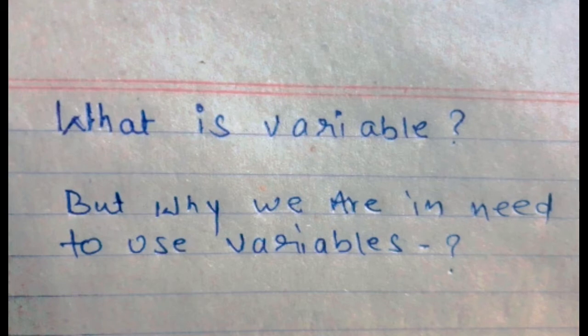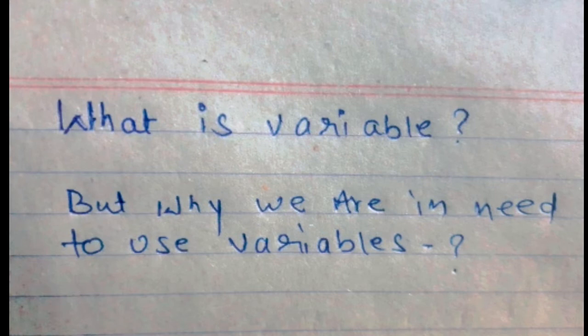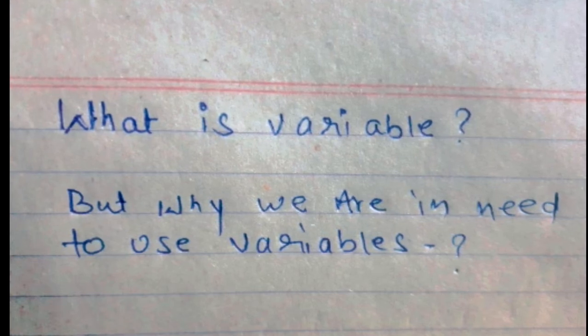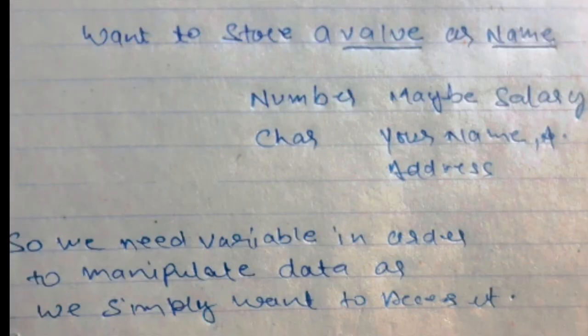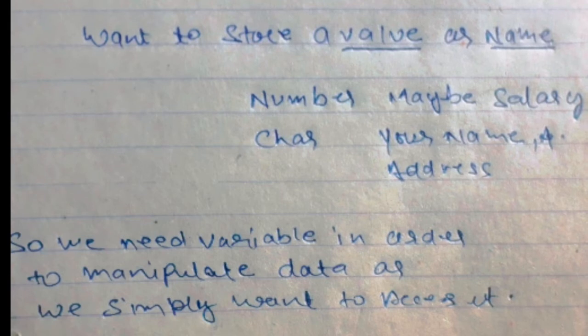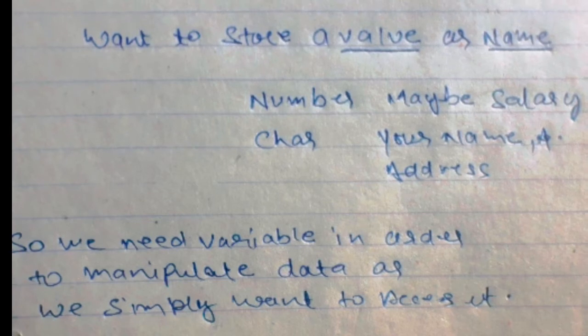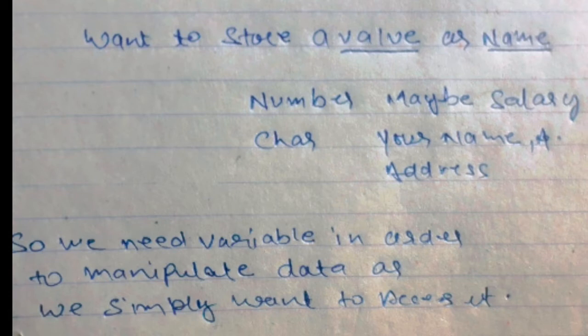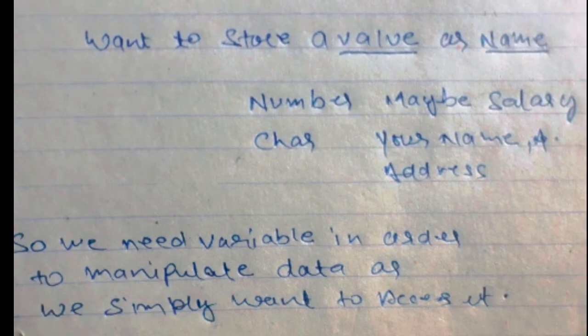Like it could be your name, it could be any number, let's say salary, so that you can perform some operation. If you want to calculate the factorial, then obviously you need some input. Or if you want to calculate the area of a rectangle, then you need two inputs, height and width, in order to calculate the area.